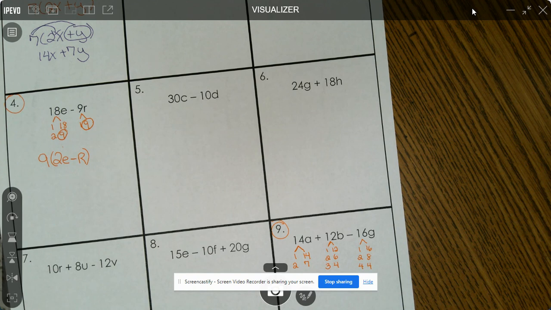So go through and find your greatest common factor. Go back and check your work.